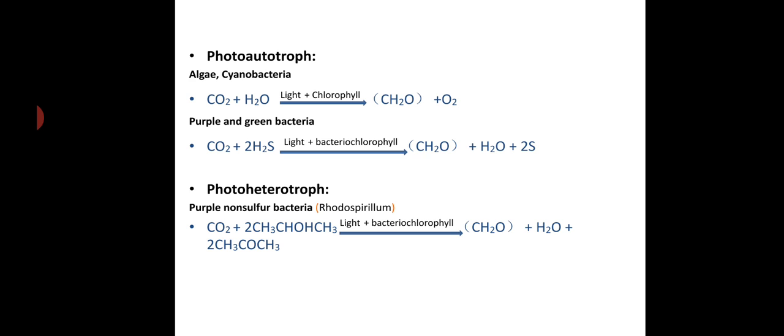Whereas for photoheterotrophs, an example is purple sulfur bacteria Rhodospirillum. In this case, carbon dioxide and an organic compound react in the presence of light and bacterial chlorophyll and synthesize carbohydrate.